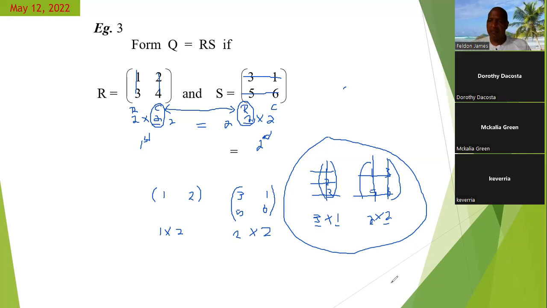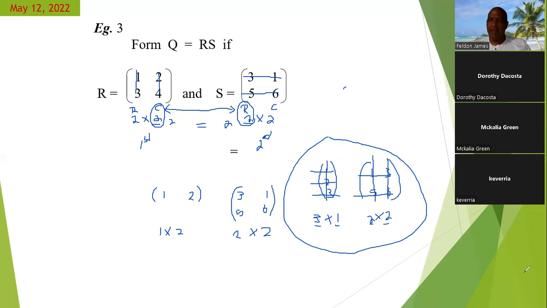Sir, what did she say? She said that we would be able to multiply these 2 matrices based on how they are. What's your take on that? Miss Green, that's your question. What is your take?